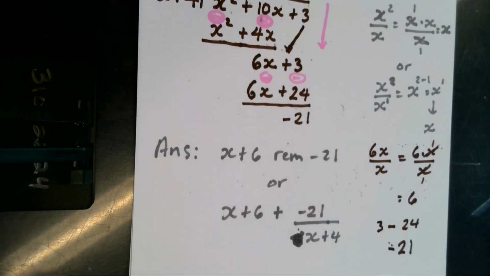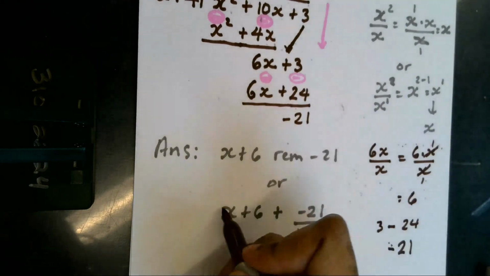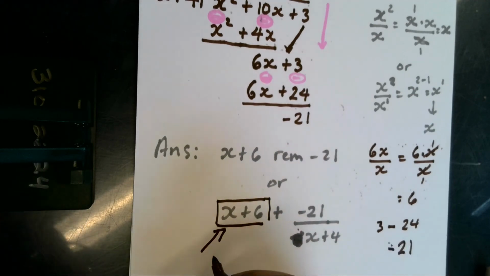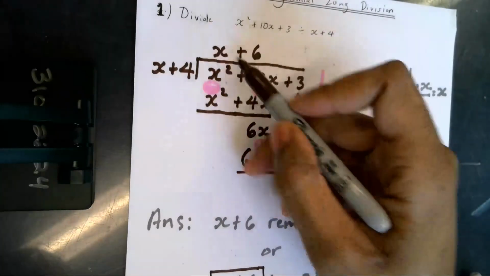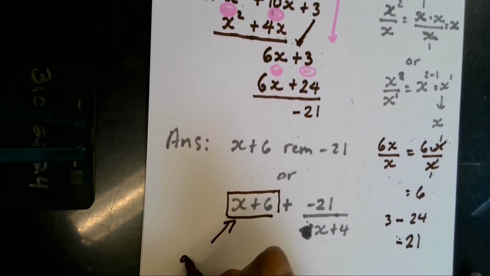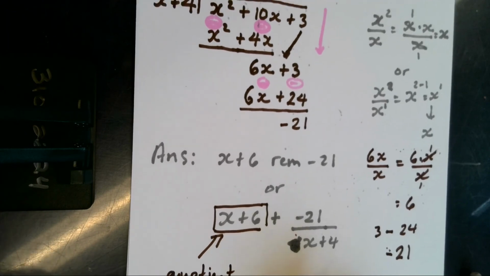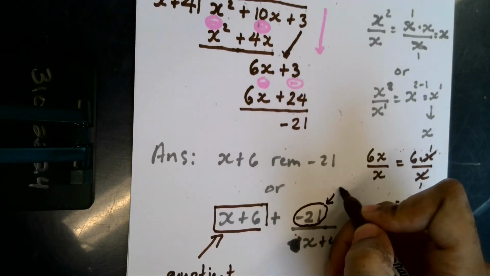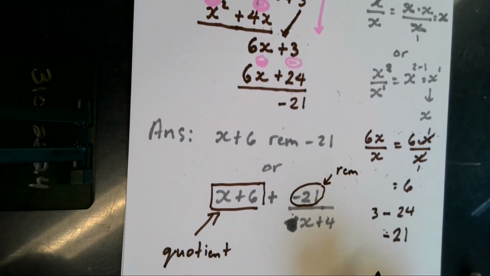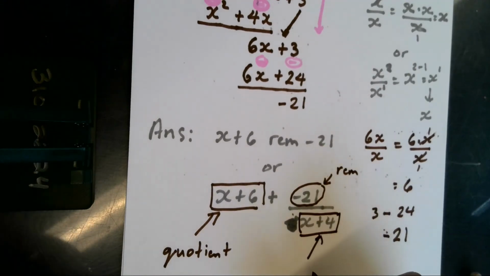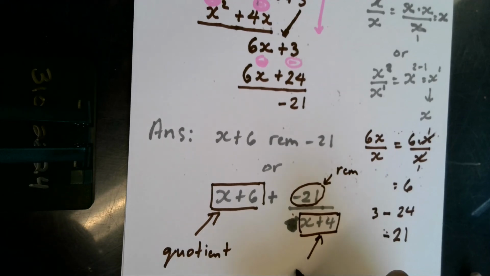And like in normal long division, what we got at the top here is our quotient. And what we got for our remainder goes right here. So remainder, and what we have right here is our divisor.